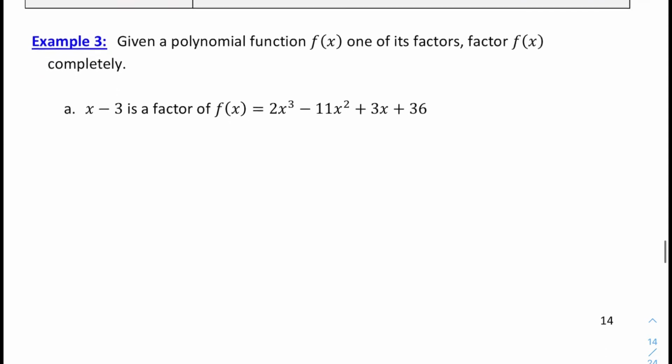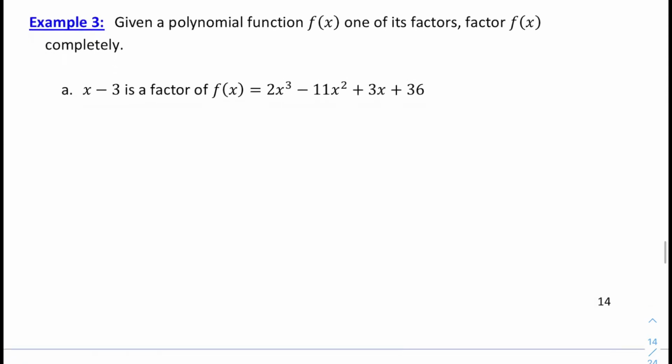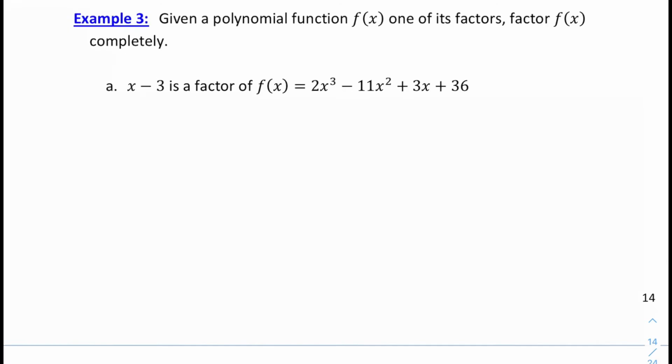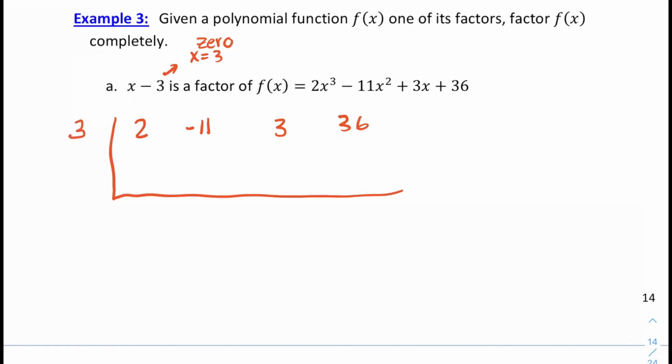Okay, so we're going to use our division skills to factor some polynomials that are higher degree. So we're going to divide by the factor that we know and see what result we get. So I'm going to divide 2x cubed minus 11x squared plus 3x plus 36 by my known factor of x minus 3.